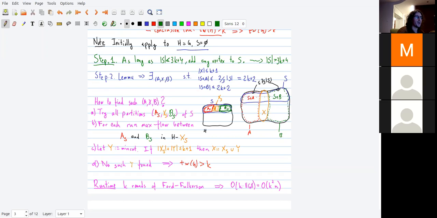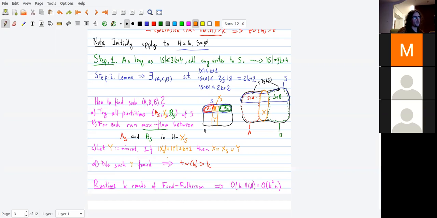So what I do, I run a maximum flow min cut algorithm to find a minimum cut that separates A_S from B_S in the graph after excluding X_S. So I try to find the maximum flow between A_S and B_S, which is by Menger's theorem equal to the minimum cut. Yes, so this is the set Y that I just drew.